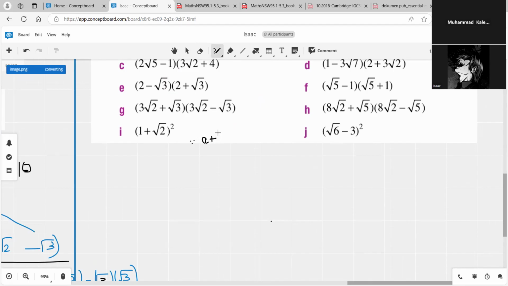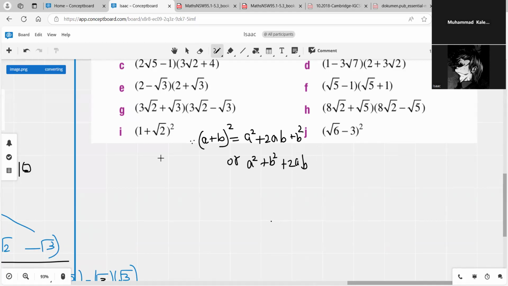A plus B in brackets squared equals A squared plus B squared. Don't we have a 2ab? Yeah, we can write A squared plus B squared, and we have another term, 2ab, at the end, but we must include it.